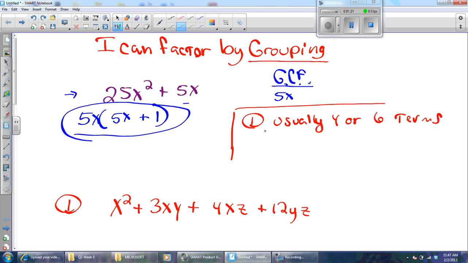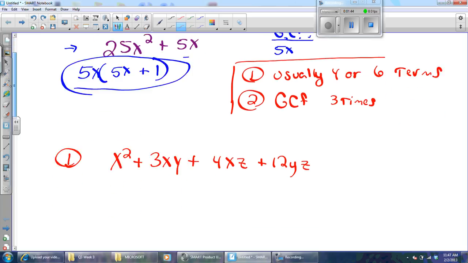There's a special case where you can have 3 and then you can turn it into 4, but 4 or 6 terms. The second thing you need to know is that you're going to GCF 3 times. That's all you're going to do. That's all factoring by grouping is. We're going to GCF, we're going to GCF again, and then we're going to GCF one more time. So let's see how this works.